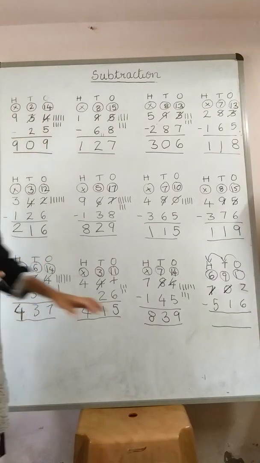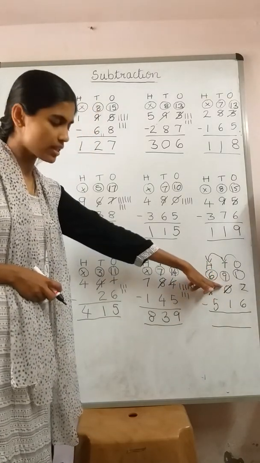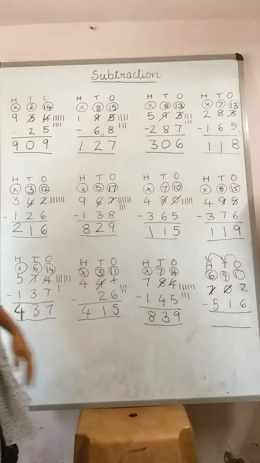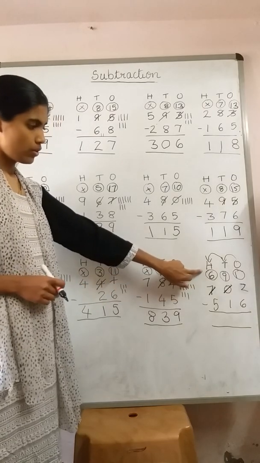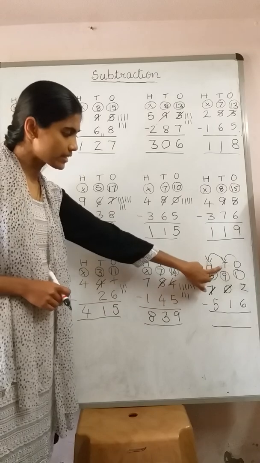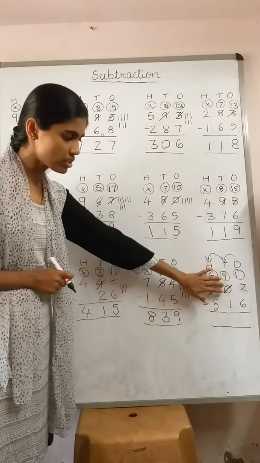So, as there is no number with 0, you should borrow from the hundreds place. And when the hundreds place gives 1/10, when it comes back, here actually it is 10, children.